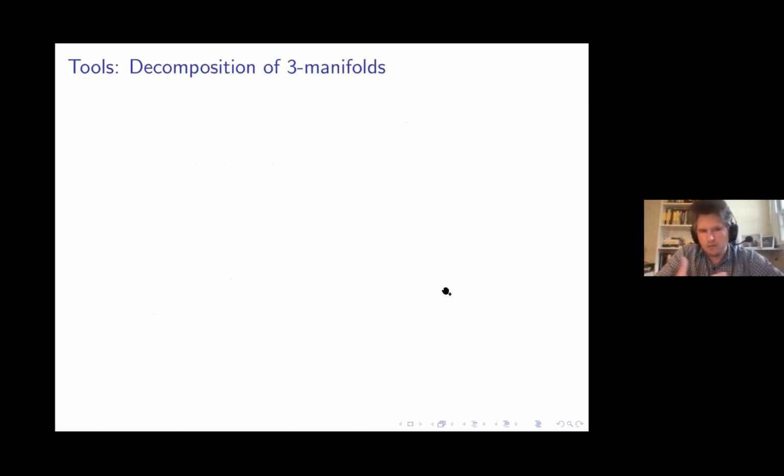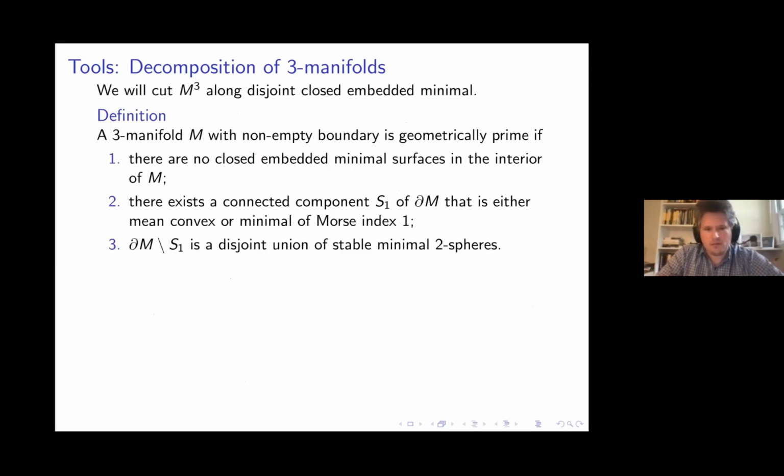And then next, what we do is we start decomposing the three-manifold. So we'll basically start looking for these minimal surfaces. And we're going to cut until we find these pieces where we can't cut anymore. And I'm going to call them geometrically prime. So what is a geometrically prime manifold? It's a manifold with boundary, where I have no closed embedded surface inside.